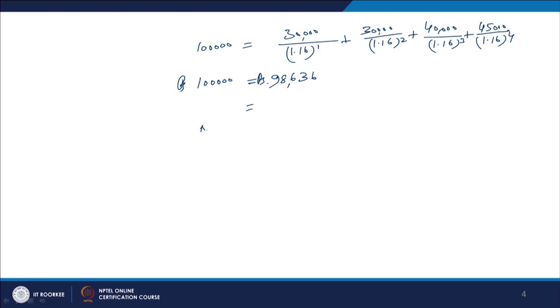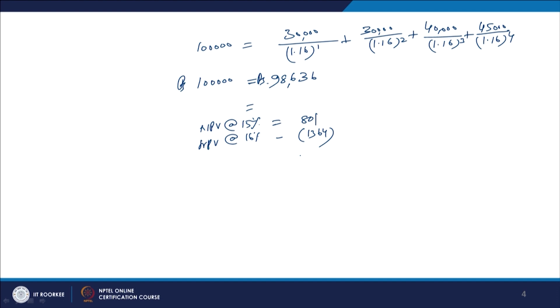NPV at 15% is 801, and NPV at 16% is minus 1364.